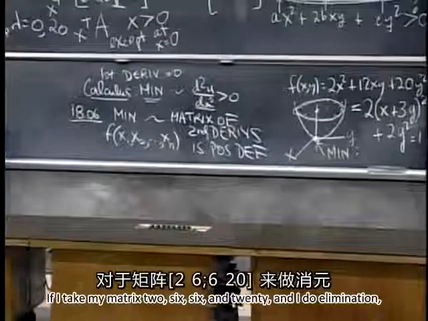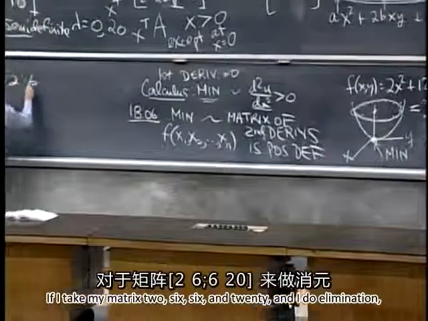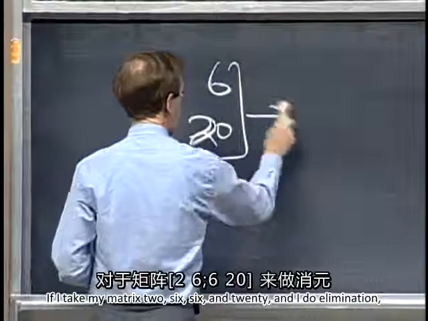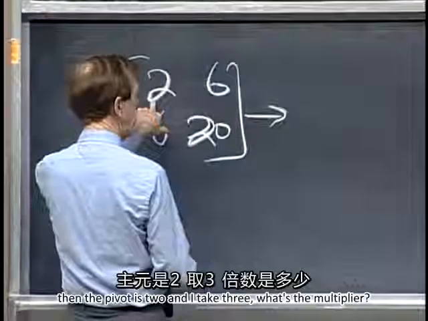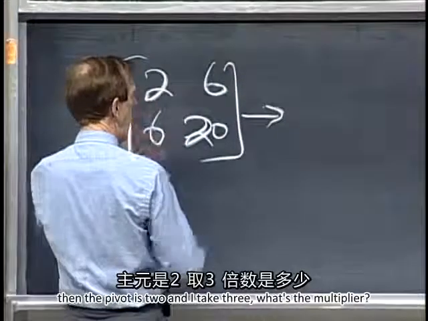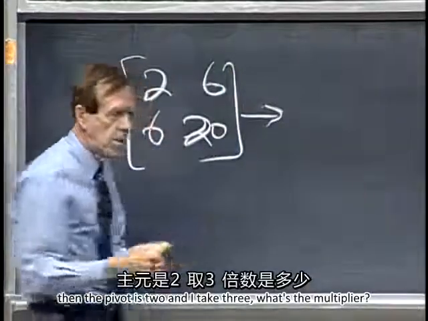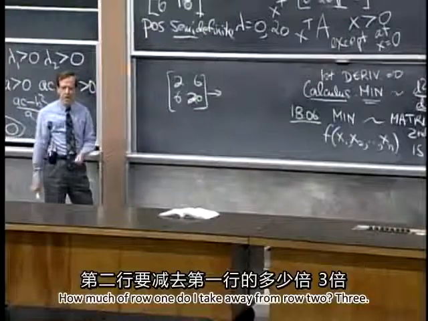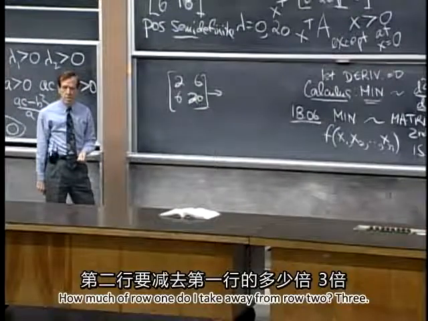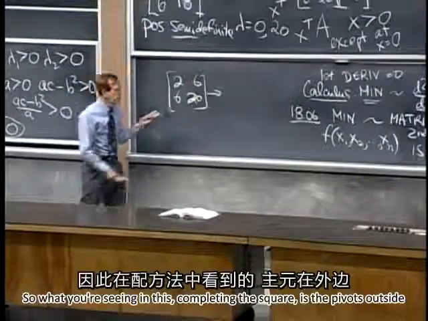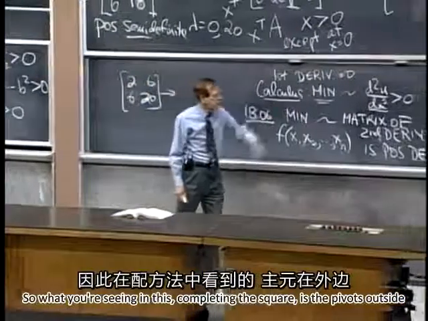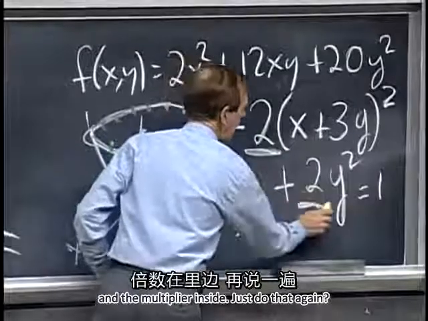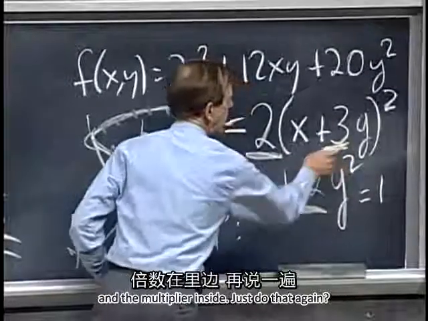If I take my matrix 2, 6, 6, and 20, and I do elimination, then the pivot is 2, and I take 3. What's the multiplier? How much of row 1 do I take away from row 2? 3. So what you're seeing in this completing the square is the pivots outside and the multiplier inside.